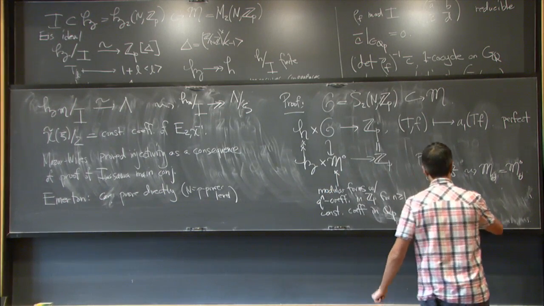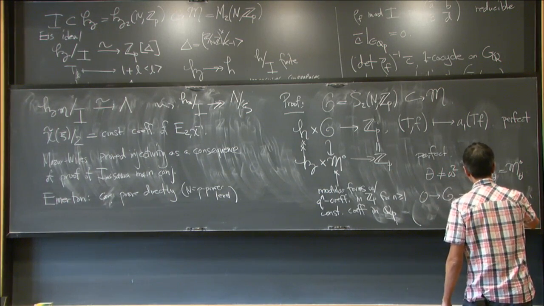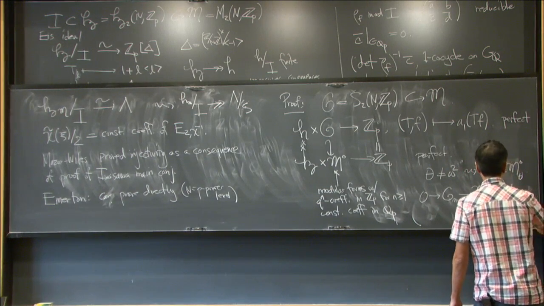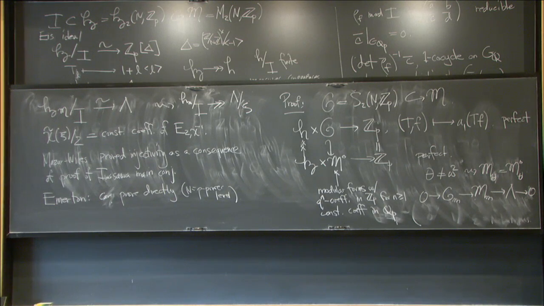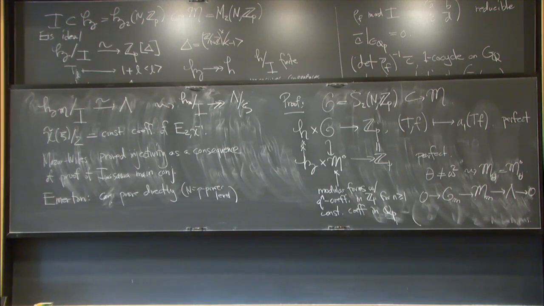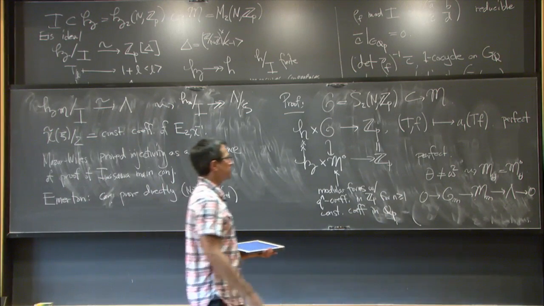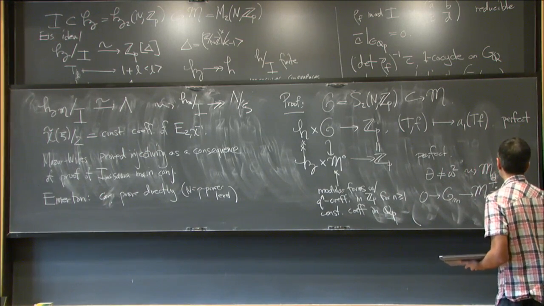OK. So now, of course, we have an exact sequence. And it looks like this. Lambda here essentially is coming from, over Q, lambda at least is generated by Eisenstein series. And OK, so we can think of this map as taking the constant term.